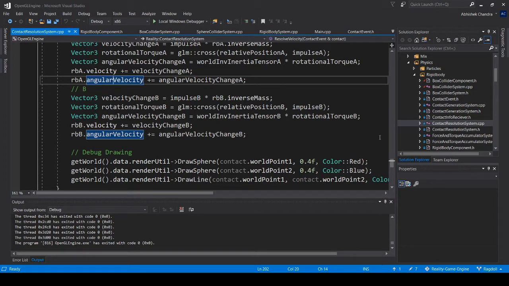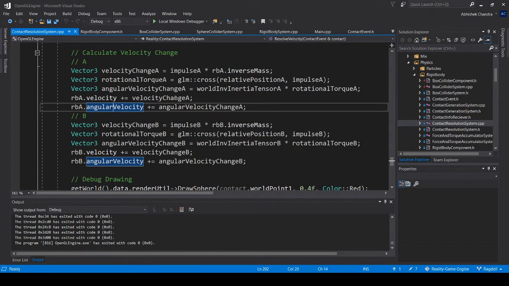It felt like it was gaining energy as opposed to losing it due to the collision, even if the coefficient of restitution was less than 1. So that was happening because of a really small error where I was calculating the torque as the cross product of impulse and the relative position. So I was doing it as impulse cross relative position, whereas it should be relative position cross impulse.